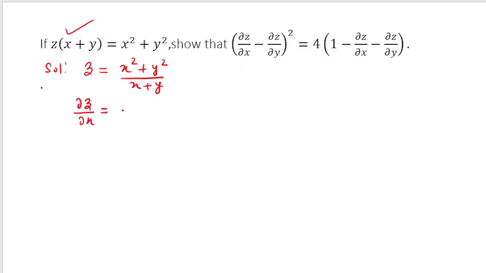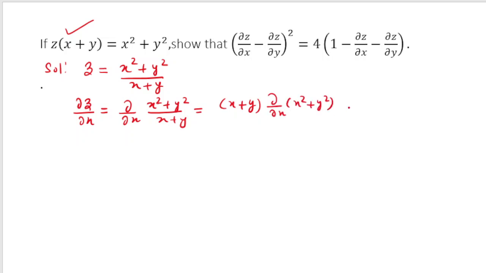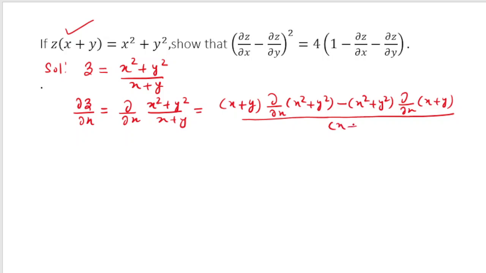That will give me ∂/∂x of (x² + y²)/(x + y). Using the u/v formula, I will write (x + y) ∂/∂x of (x² + y²), minus (x² + y²) ∂/∂x of (x + y), divided by (x + y) whole square.